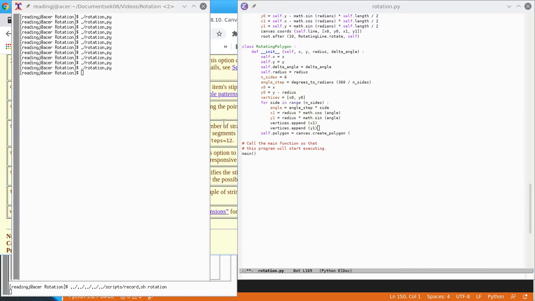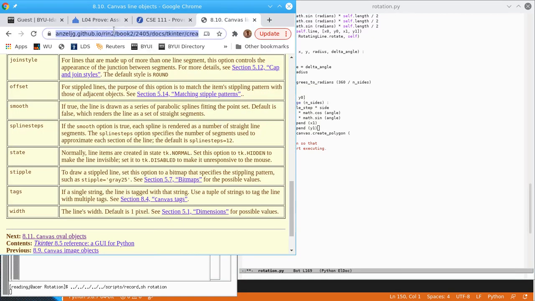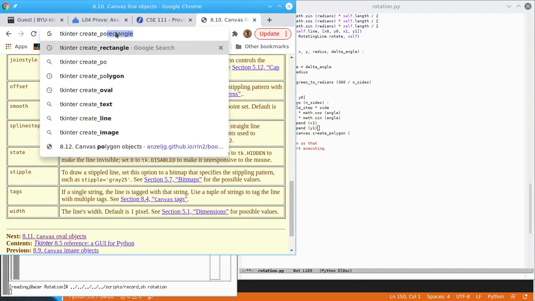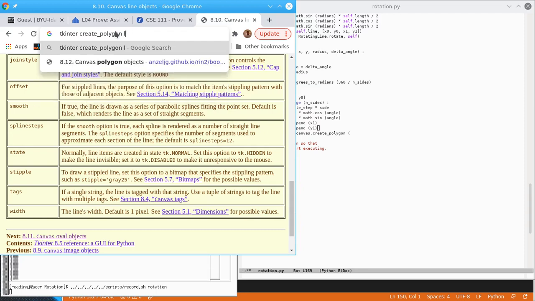Can I create polygon from a list? tkinter create polygon list. Yeah.